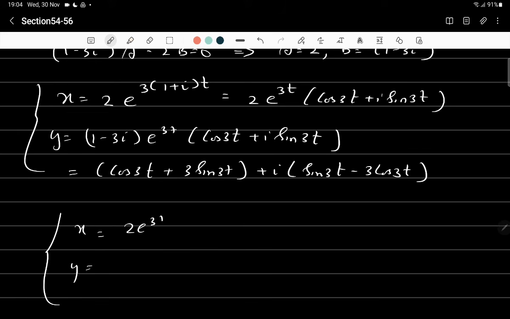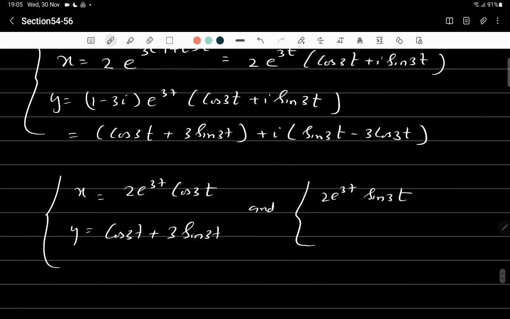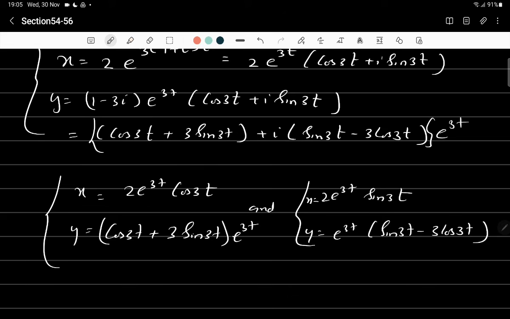So one is x equal to 2 e raised to the power 3t cos 3t, and y equal to e raised to the power 3t times (cos 3t plus 3 sin 3t), and the next one is x equal to 2 e raised to the power 3t sin 3t, and similarly your y would be e raised to the power 3t times (sin 3t minus 3 cos 3t).